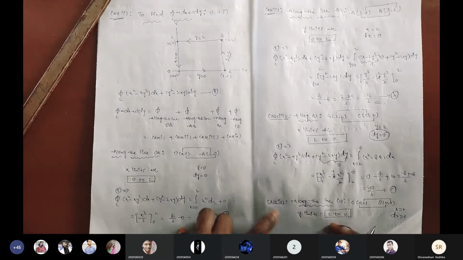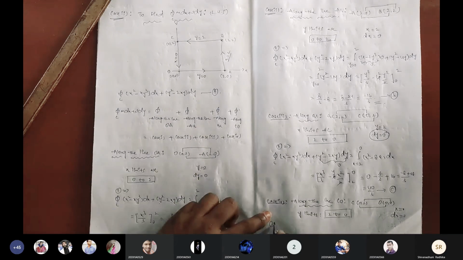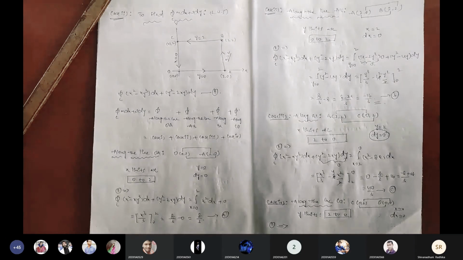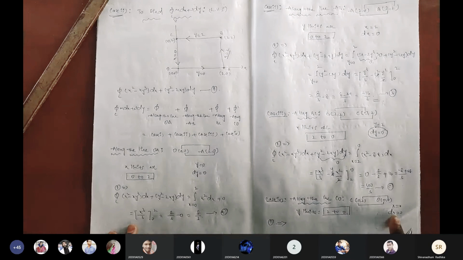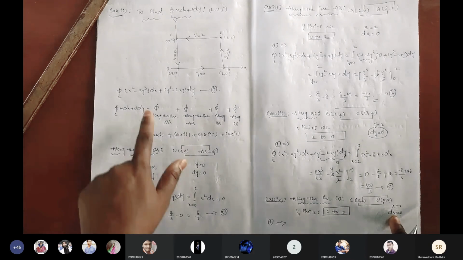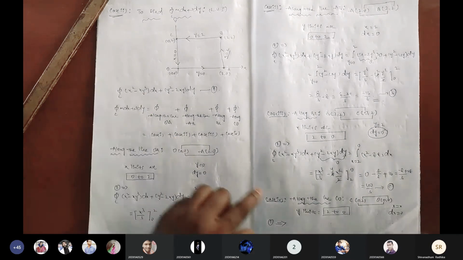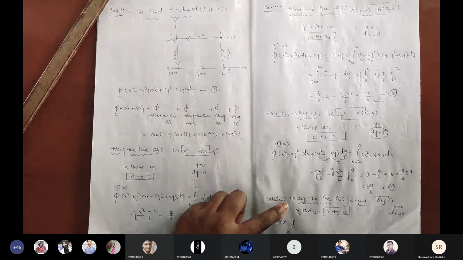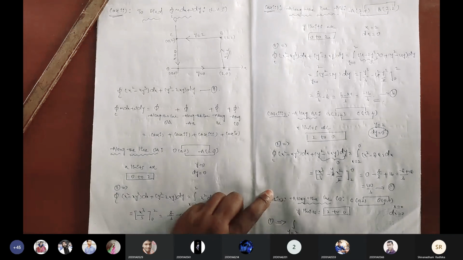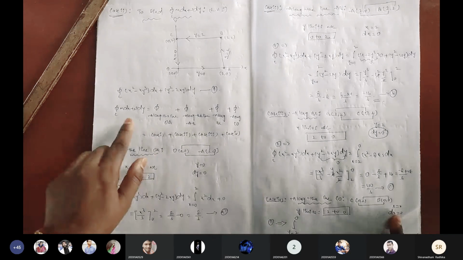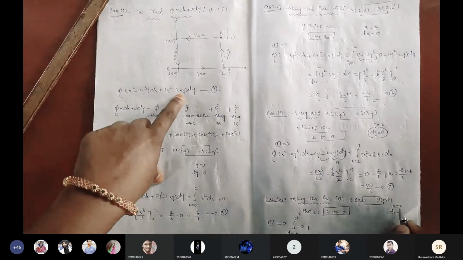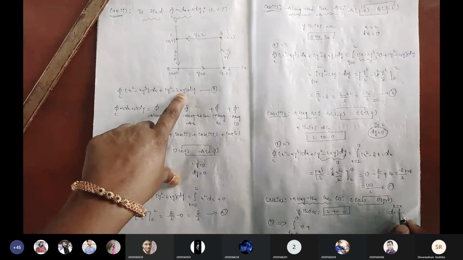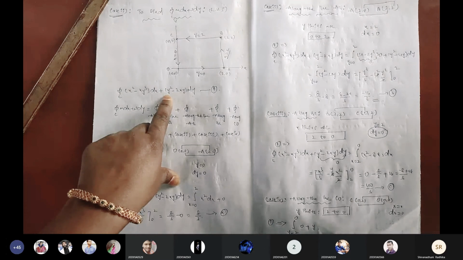Is it clear? Now the same equation 1 implies, I'm just going to write directly, the dx term is completely 0 in equation number 1. Now the line integral goes to the y limits, y equals 2 to 0. The dx term is completely 0, and x is also 0, so 2 into 0 into y is 0. Remaining is only the y square term, y square dy.